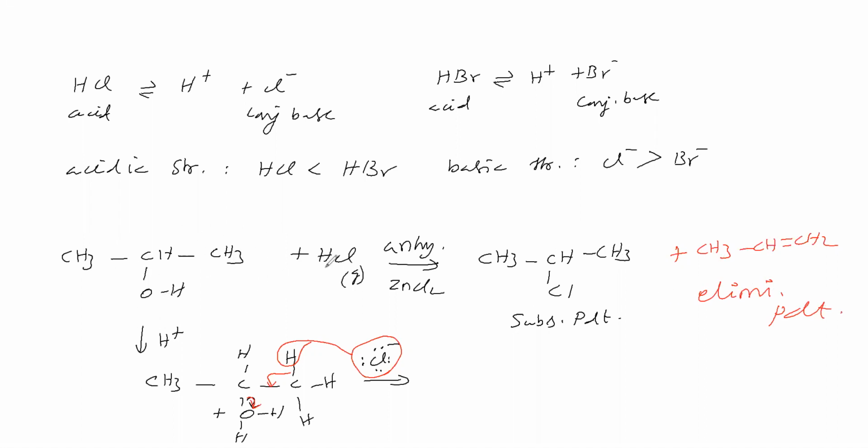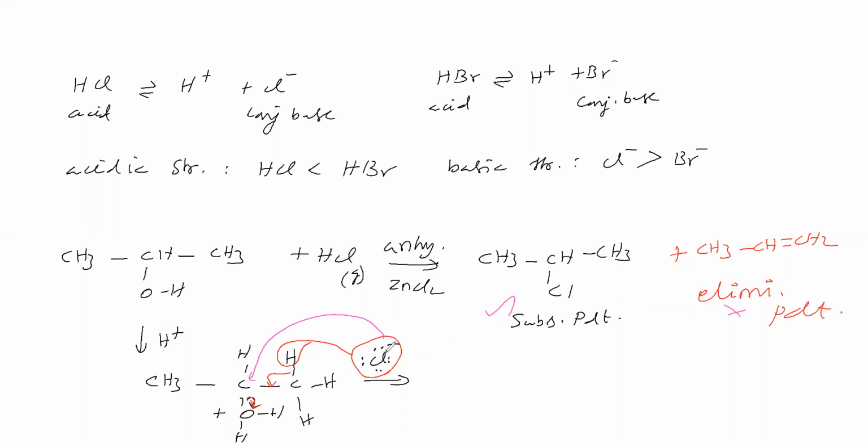Therefore, this on reaction with HCl as well as anhydrous zinc chloride gives substitution product as well as elimination product. If Cl minus abstracts this proton, we get the elimination product. If Cl minus attacks this carbon, we get the substitution product. For the HCl case, the substitution product is dominating, but not elimination.